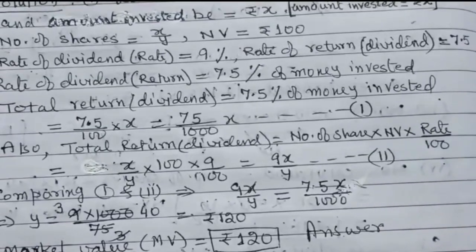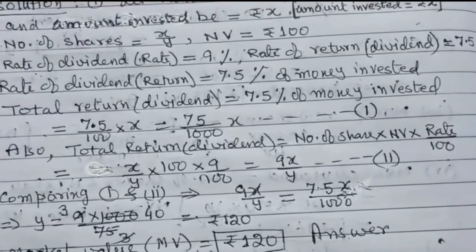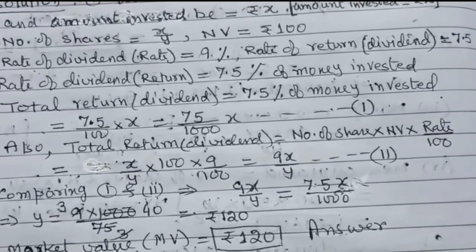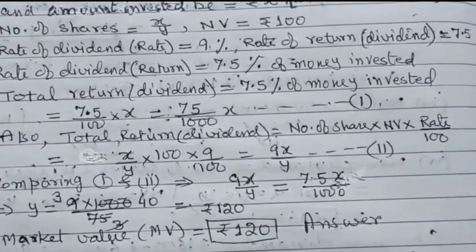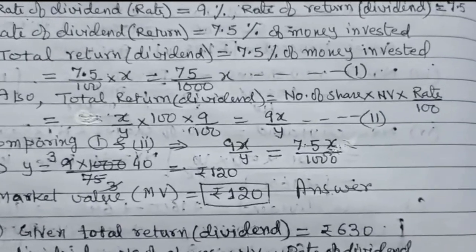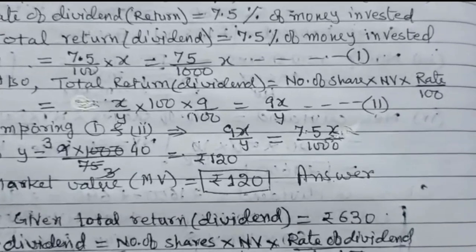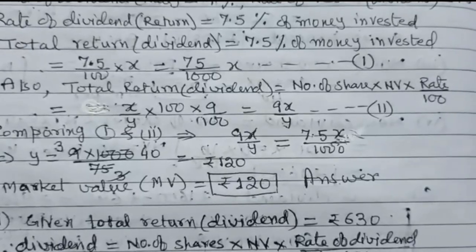So therefore, the total dividend is equal to X upon Y into 100 into 9 by 100, which comes to 9x by Y. That is, total dividend is equal to 9x by Y. Let us take this as equation 2.